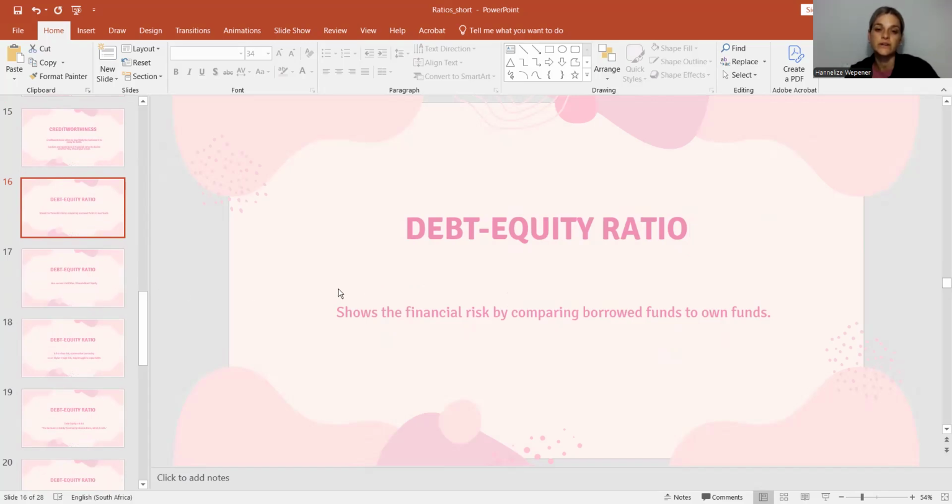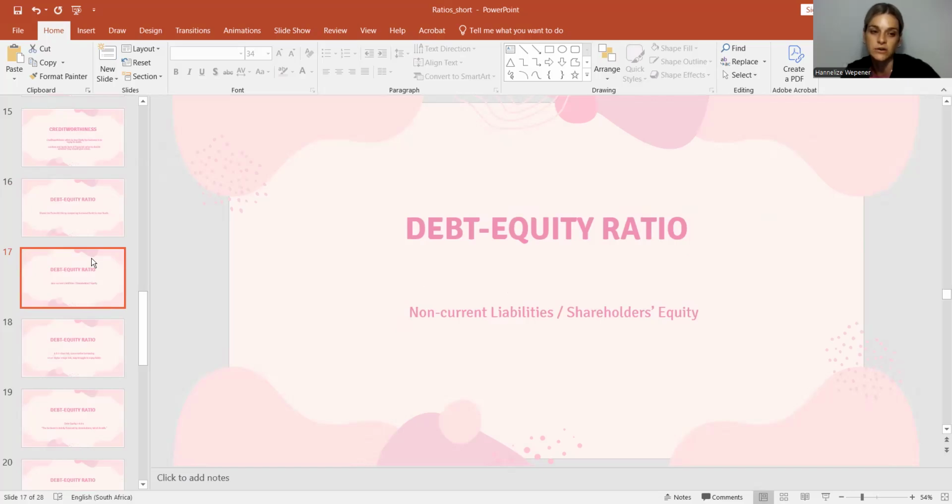Literally what the ratio says, we're going to take our long-term debt and compare that to our equity. So non-current liabilities to shareholders' equity. Now, when we're looking at this, it's easy to say that if I have R1 equity for every R1 in long-term debts, I should be fine.